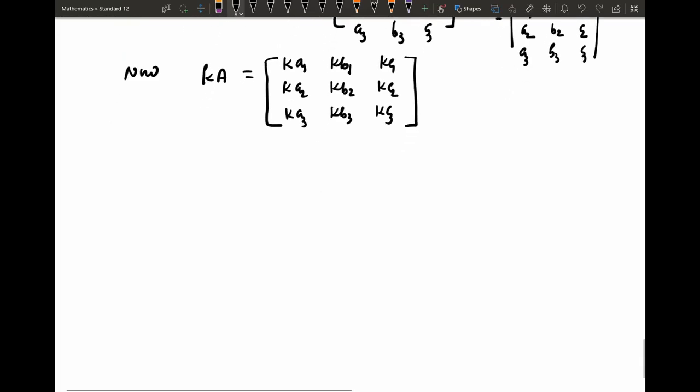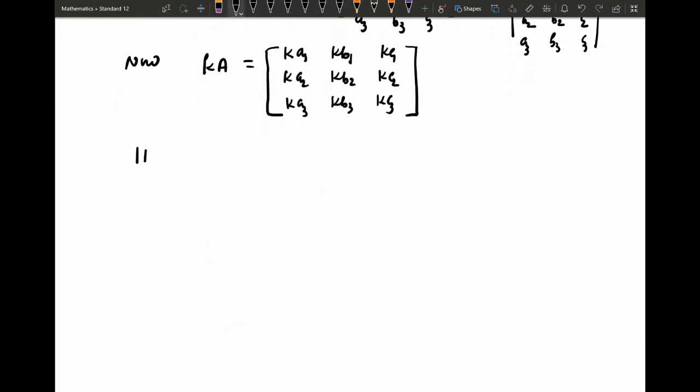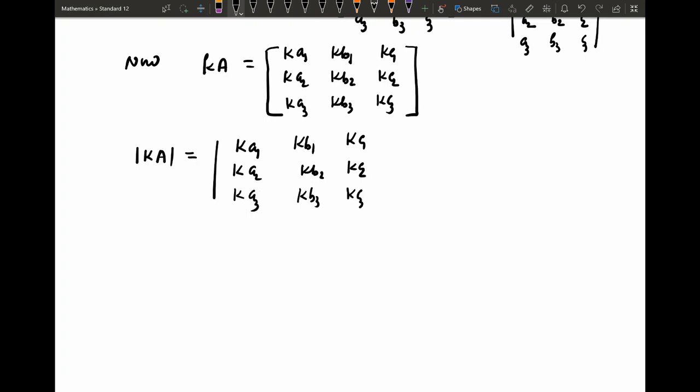Now when we take the determinant of k times A, the determinant of this matrix is KA1, KB1, KC1, KA2, KB2, KC2, KA3, KB3 and KC3.